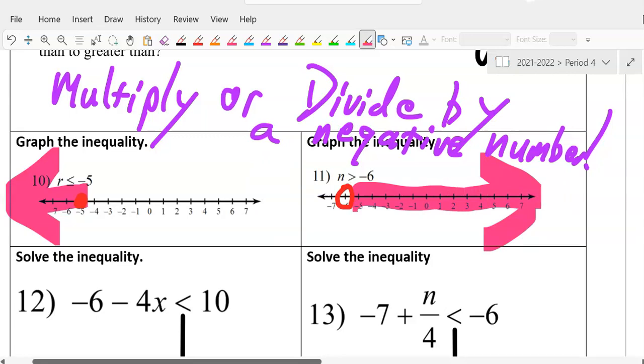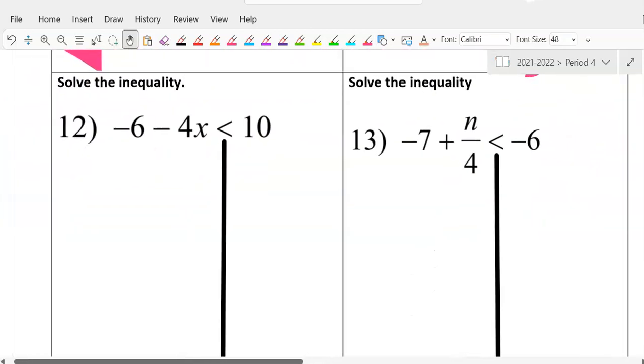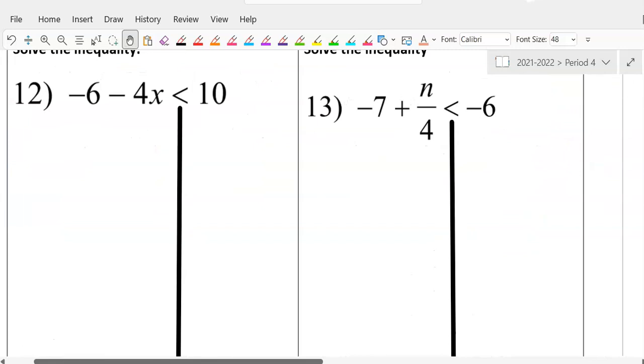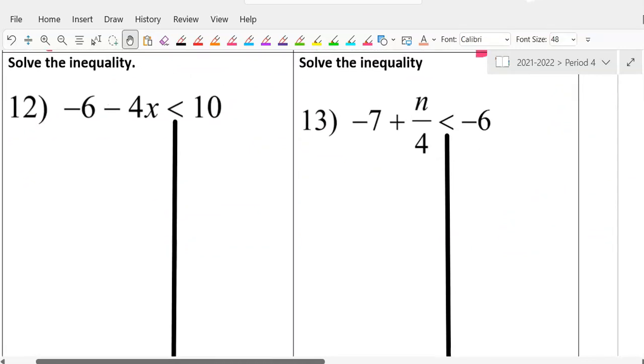Okay, now I don't think I had time to assign the last two problems, but I'm going to do them quickly. First thing is we need to decide, is this inequality going to change? What do you think, everybody? Yes. Yeah, it is, because the co-star, which is what we're multiplying or dividing by, is negative.